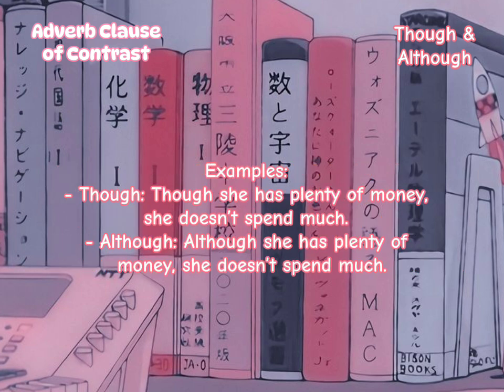For example, the first one is though. The example of the sentence is, though she has plenty of money, she doesn't spend much. And after that, the example of although, the sentence is, although she has plenty of money, she doesn't spend much.